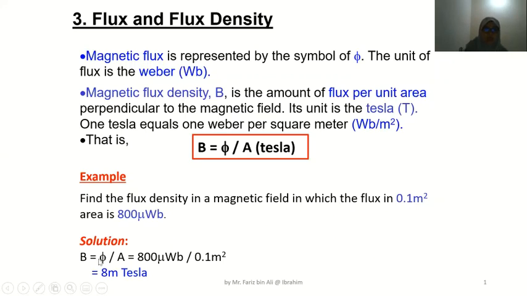So B is equal to flux divided by A. We substitute the given flux, 800 microweber, divided by 0.1 meter squared, and that will give you a result in millitesla, times 10 to the power of minus 3. So the flux density for this example is equal to 8 millitesla.